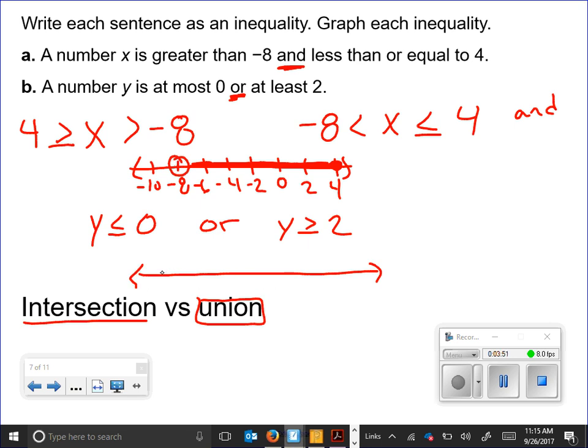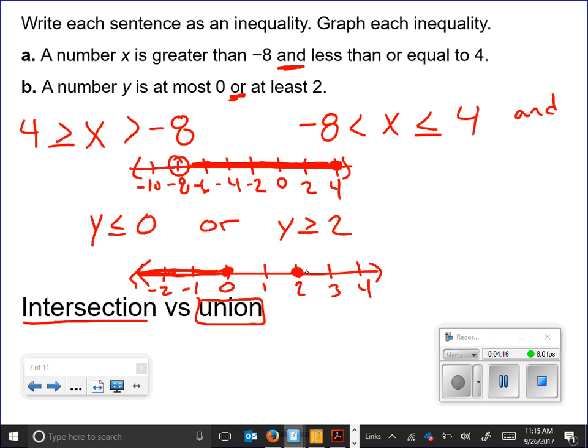So let's go -2, -1, 0, 1, 2, 3, 4. We have a closed circle at 0, and y is less than or equal to 0, so it's shaded this way, anything less than or equal to 0. And then we have y is greater than or equal to 2.